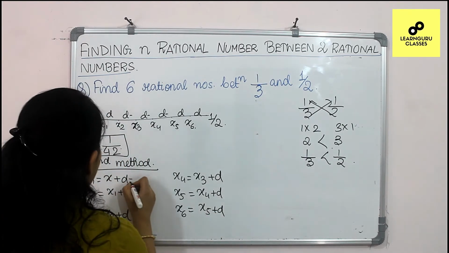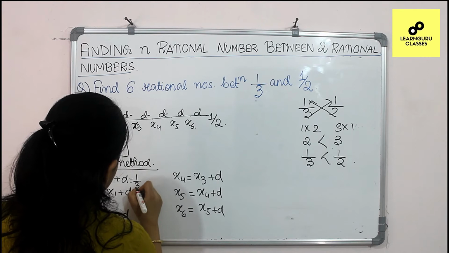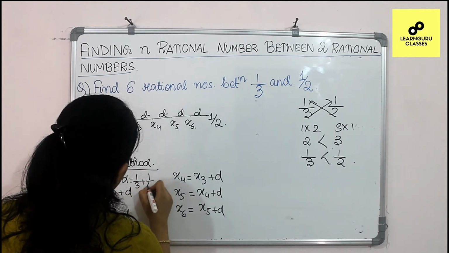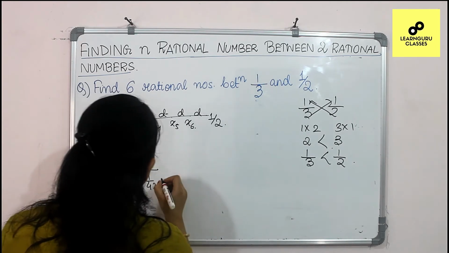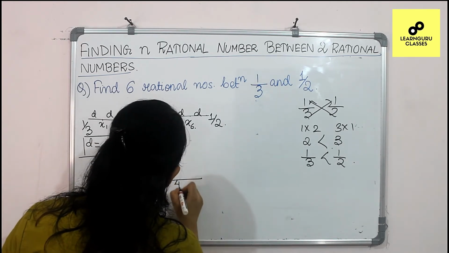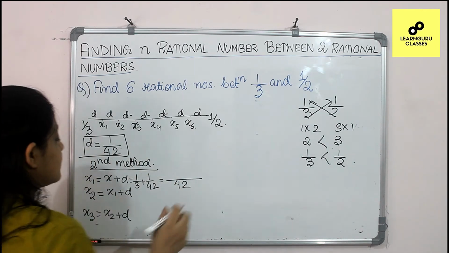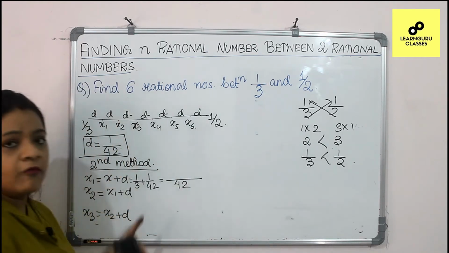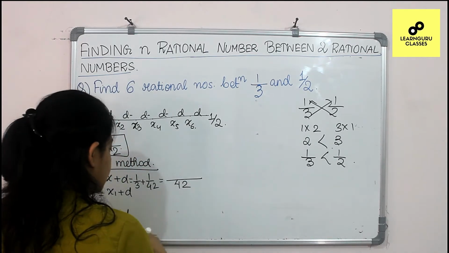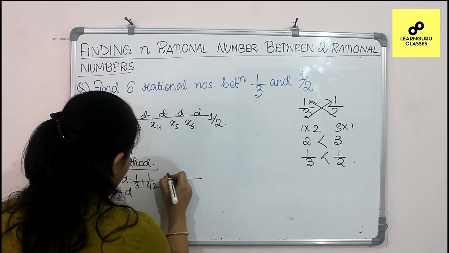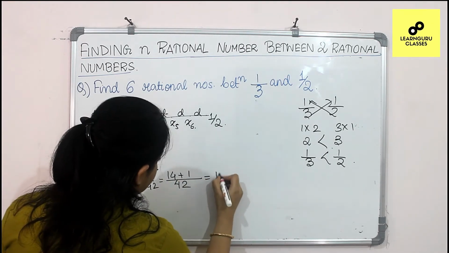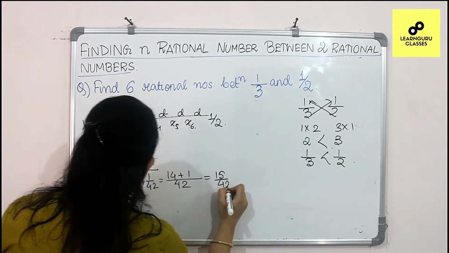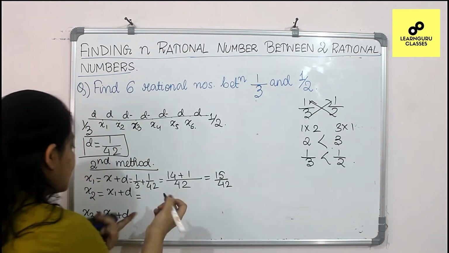So x1 is how much? 1 by 3 plus d is how much? 1 by 42. So LCM between 3 and 42 is 42. So 3 into 14 is 42, right? So this is 14 plus 1, that is 15 by 42. So after that the things will be very clear.